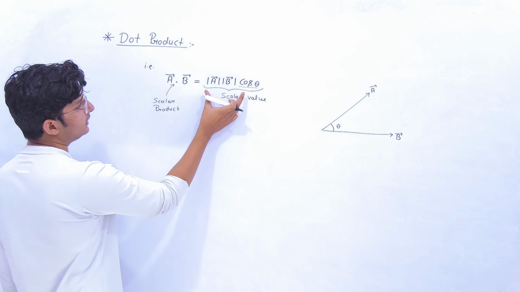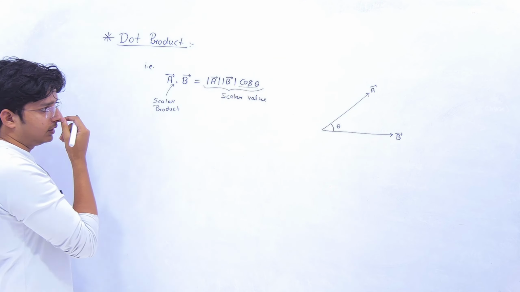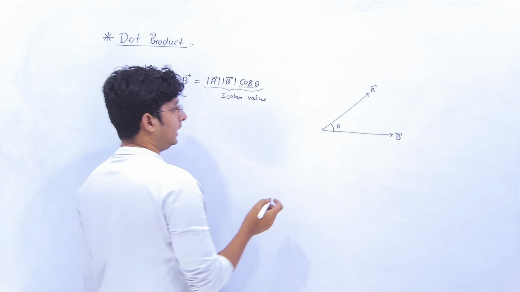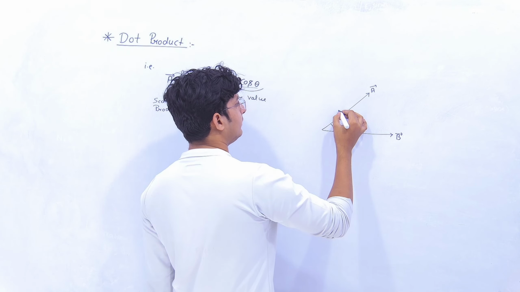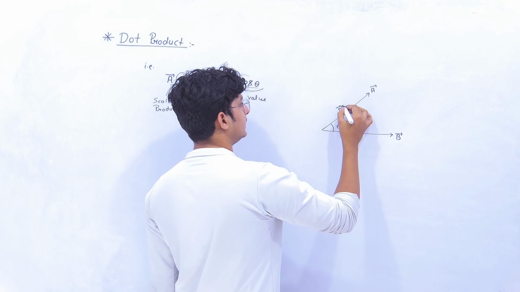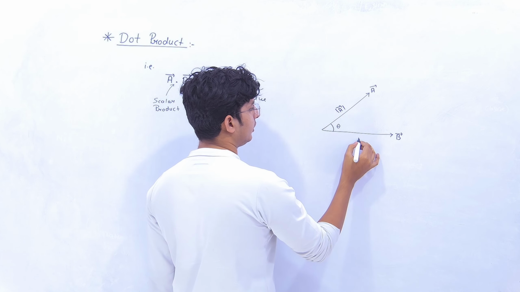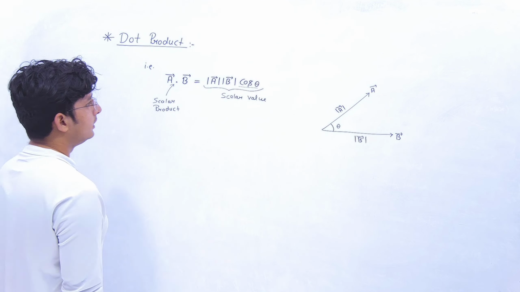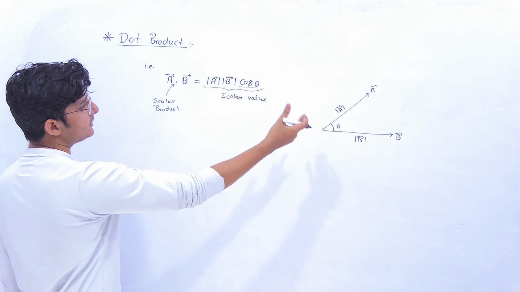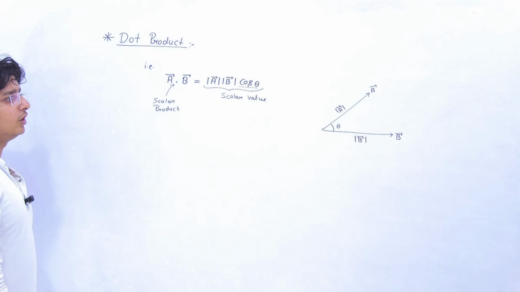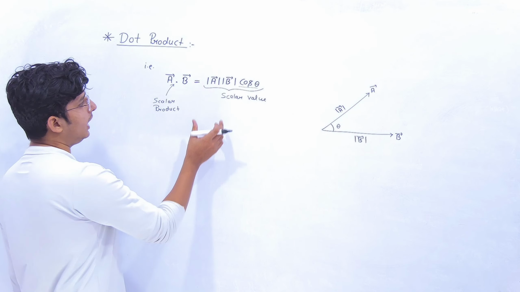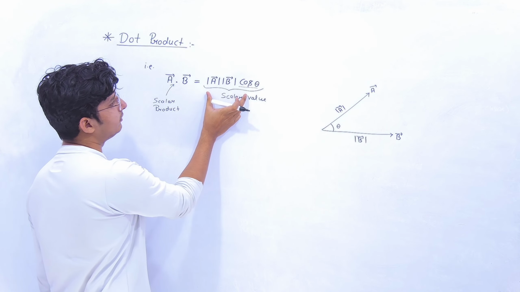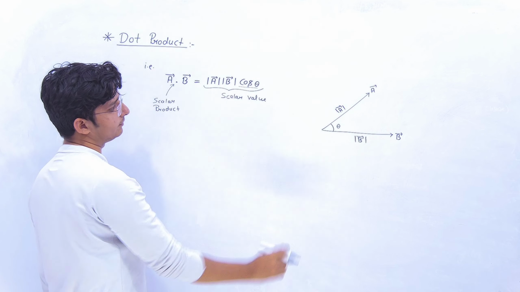Now, how to get this value from those vectors? Let's say the magnitude of a vector is this and the magnitude of b vector is this. Now, we are discussing the physical meaning of dot product. So, how to calculate that value from this diagram?